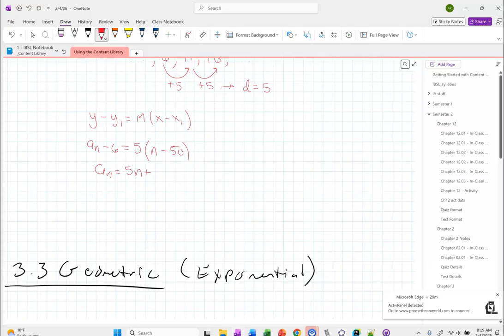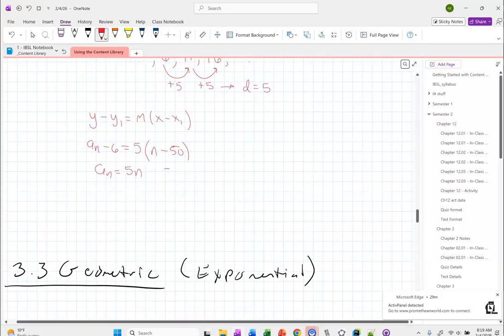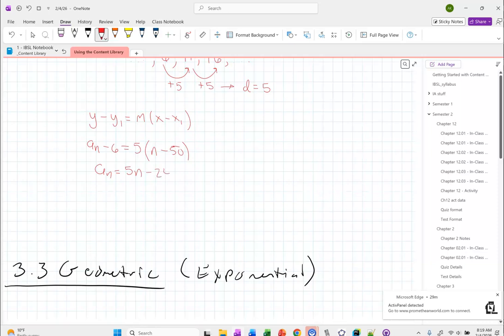And that's going to be 256. Oh, no, it won't. There you go. 5 times 50, that's negative 250. So negative 244. Sorry. Mental math at 8 o'clock in the morning. Do it at your hazard.